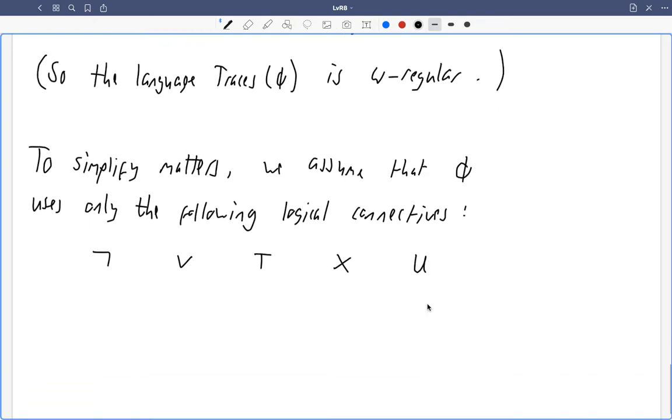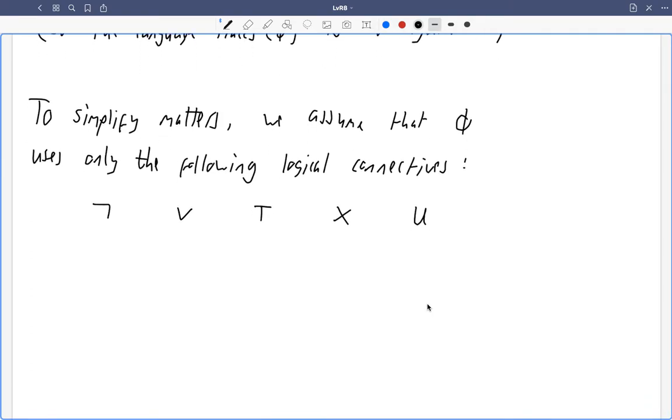So we don't have the future operator F, the global operator G, the weak until operator W, and the release operator R. We also don't have conjunction and we don't have implication. We somehow know how to replace conjunctions and implications with combinations of these connectives. For the other temporal operators, we can also replace formulas involving them with formulas involving these.